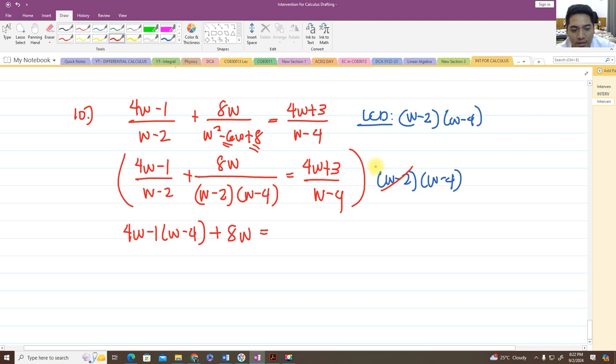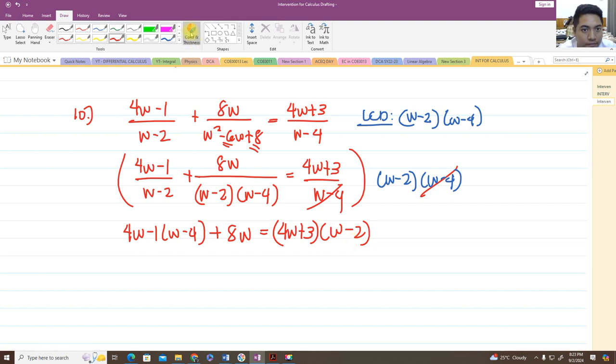Then equals, on the right side, this will cancel. So you are left with 4w plus 3 times w minus 2. Of course, this is products.